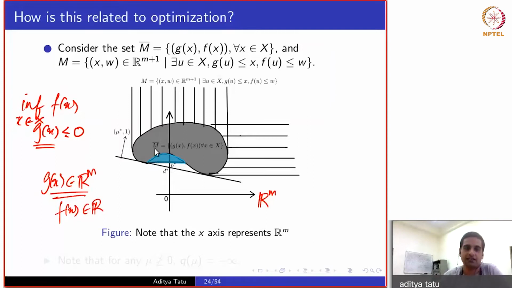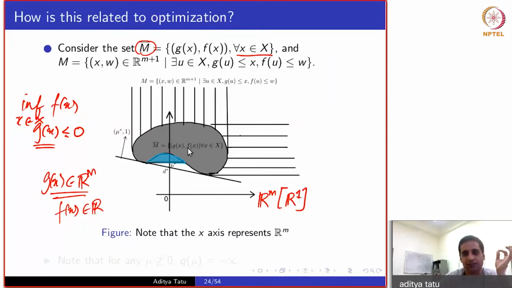So then let us take M bar. M bar is the set of all tuples g(x) comma f(x) for all feasible points. If R^m is confusing you, you can think of m as 1, so only one inequality constraint. Does M bar make sense?